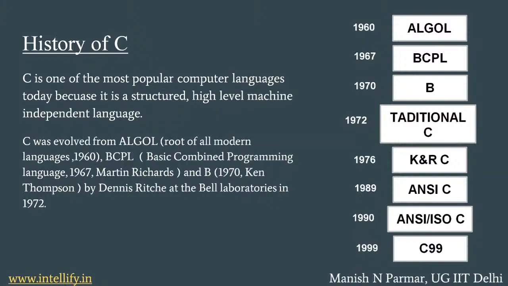Here in the sidebar, a table is given with Algol, BCPL, B, traditional C, then K&R C, and ANSI C. So this is the introduction to the C language and its evolution, the history of C.